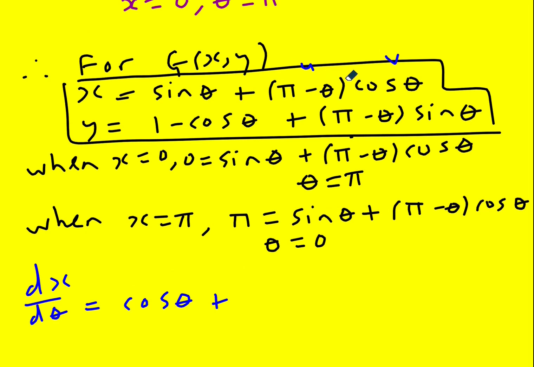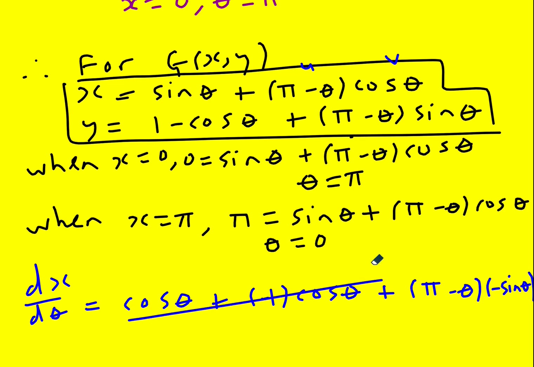So if I differentiate u with respect to theta, I'm going to get -1. And then I times by v, I'm going to get cos theta. And I get u times cos differentiated, which is going to be minus sine. Fortunately, these cancel, and we're just left with minus pi minus theta sine theta.